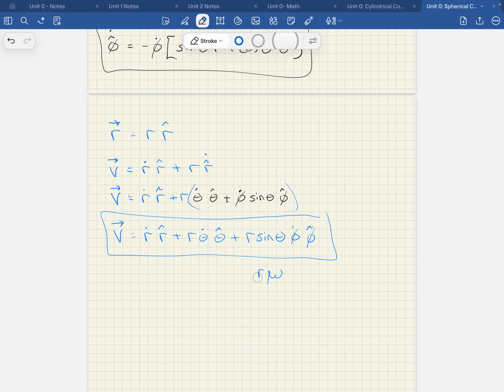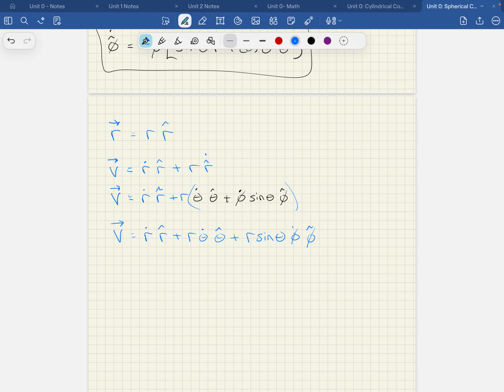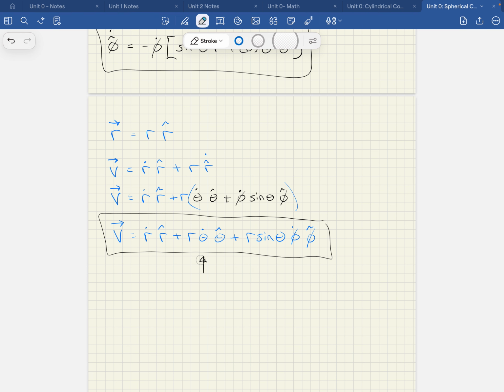So in fact, if we were really clever people, we could have written this velocity just from first principles, just from our physics 1 understanding: if the angle is changing, the velocity is going to be r times omega along that circle.